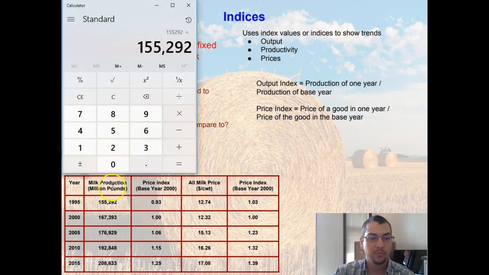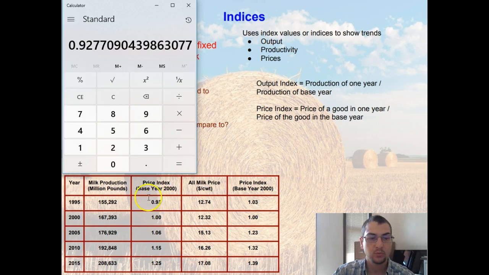We divide that number by the base year production, which is 167,393. We see that that percentage, that index, comes out to be approximately 0.93, or 93%.